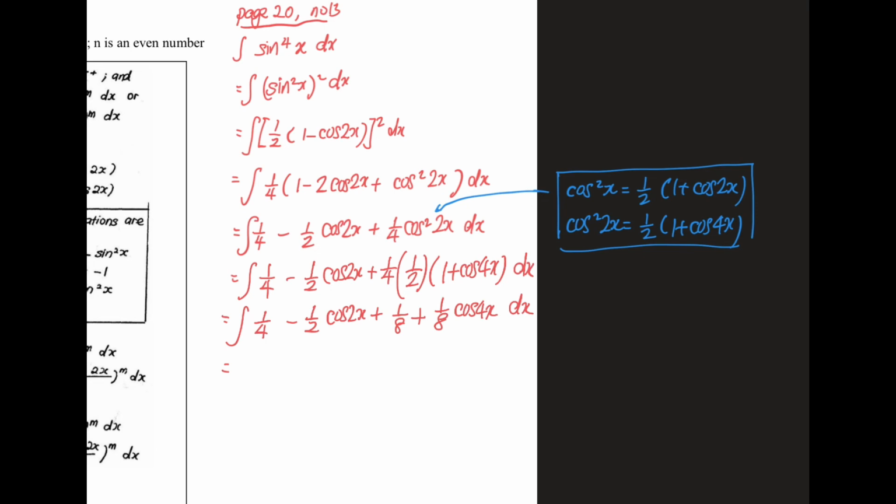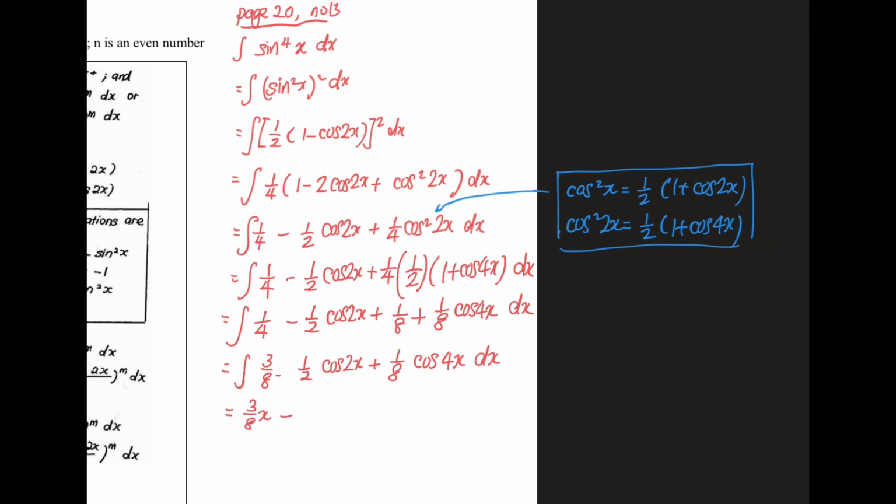Okay, so we add up 1 over 4 plus 1 over 8, we will get 3 over 8. 3 over 8 minus 1 over 2 cos 2x plus 1 over 8 cos 4x dx, and we integrate this to 3 over 8 x.